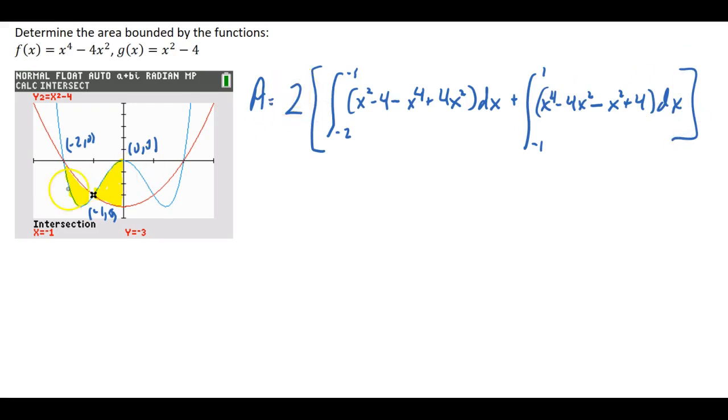I'm doubling it because I want to get the total area. This is only calculating half the area. I'm going to go to my calculator and I'll be right back.